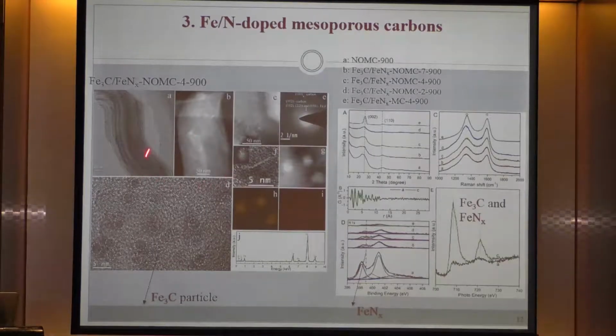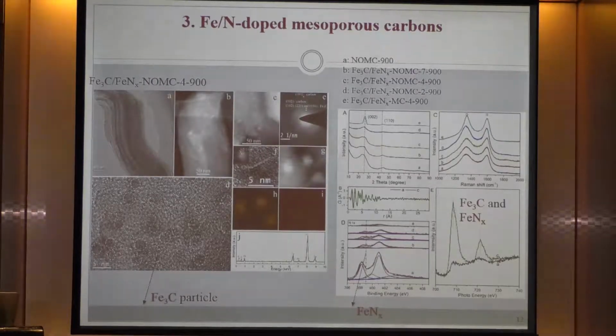Here we can see from the TEM and dark field TEM that there are very small, tiny nanoparticles or nanoclusters embedded in these carbon particles. And from these results, we can see that these nanoclusters are basically iron carbide.